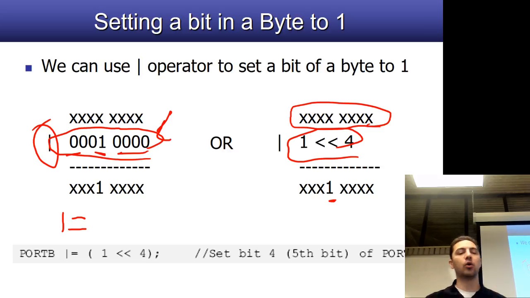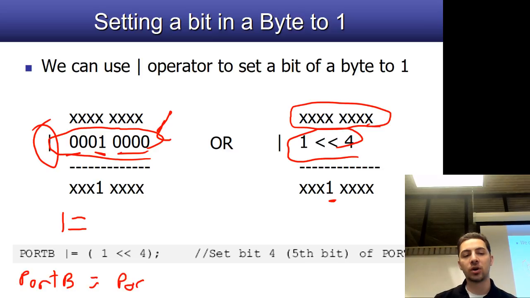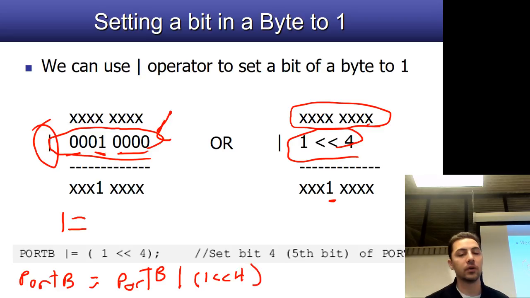When you say port B or equals, that's the same as saying port B equals port B bitwise ORed with 1 shifted left by 4, which is to say it sets bit 4 to a 1. So if you want to set a bit to 1, that is the portable best way to do it.